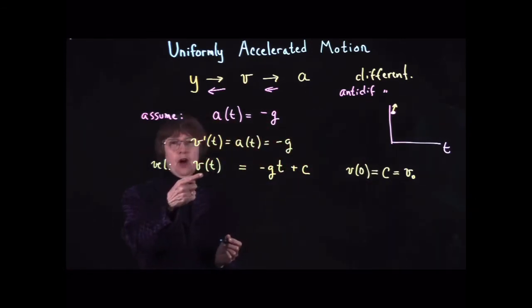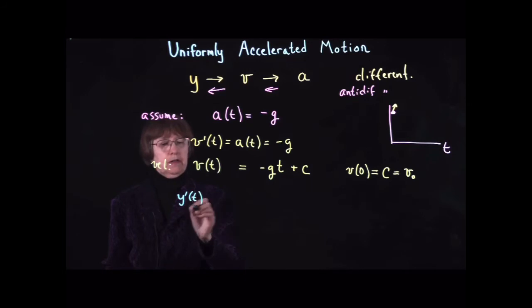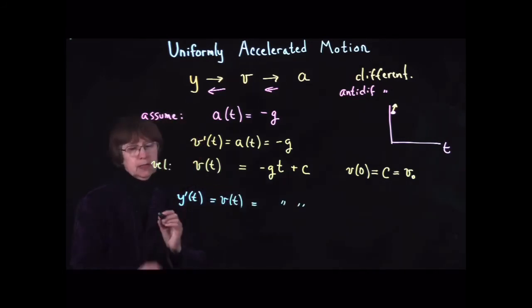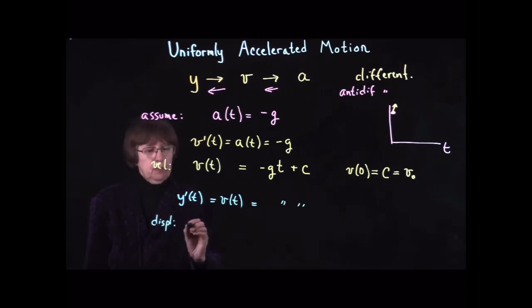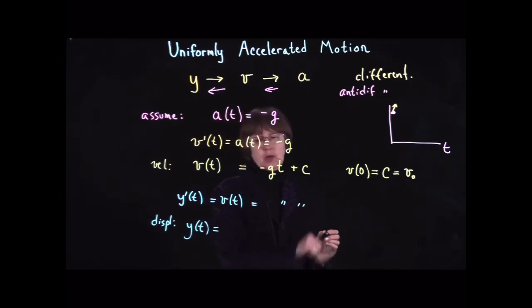Okay, now from the velocity, we can say something about the displacement. So let's recall, first of all, that the derivative of the displacement is the same as the velocity, and therefore we can say something about the displacement itself by finding a function whose derivative is this quantity.